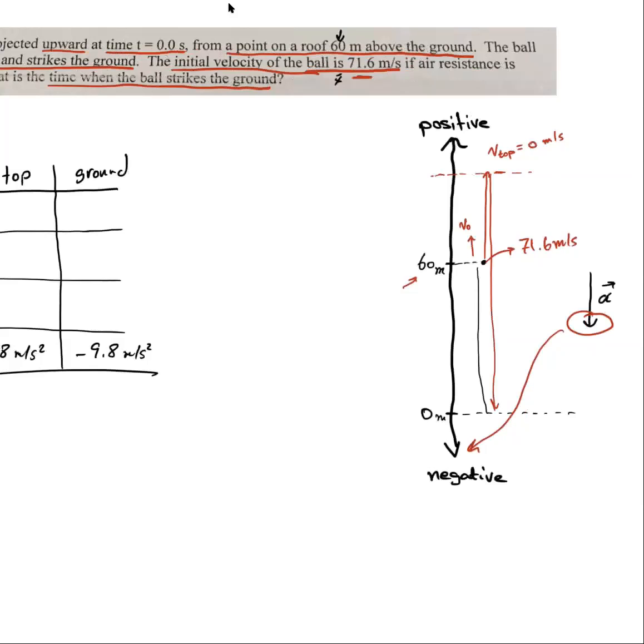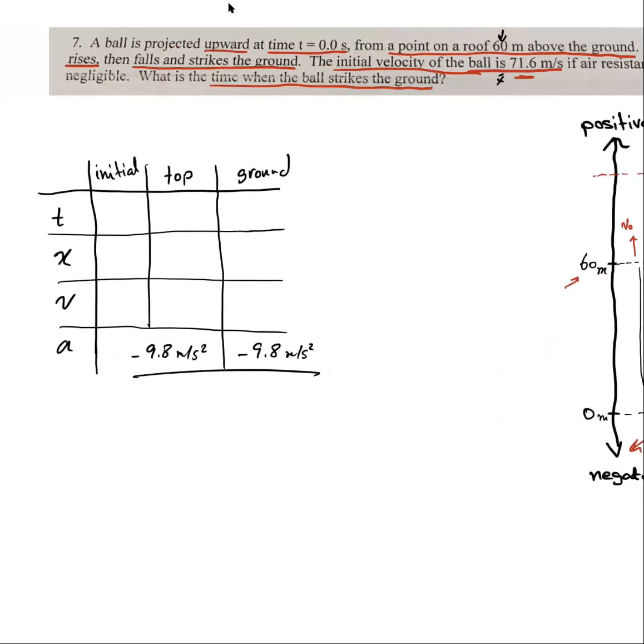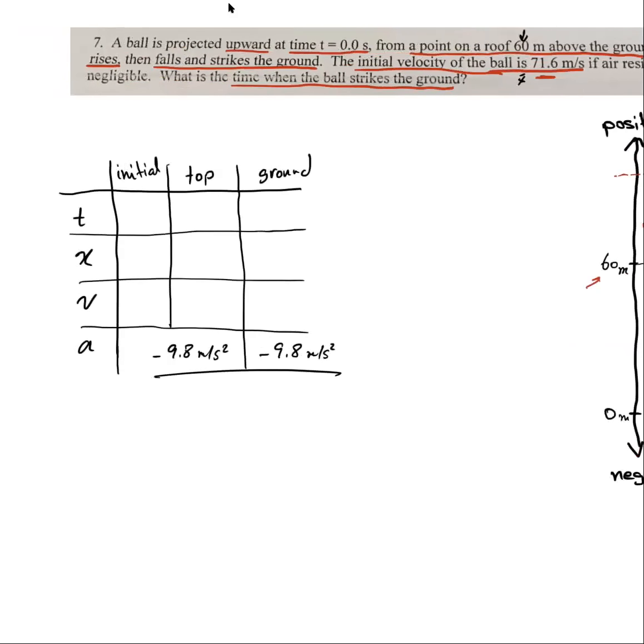Or if we started from this point with one equation and for the final point we replaced it here, it will give us the incorrect answer. What we need to do is find the time for the first part of the motion that goes up, then find the time for the second part when it goes all the way down. And at this point, we're going to start filling the table, the knowns and unknowns.